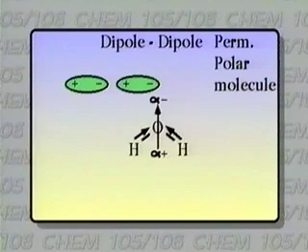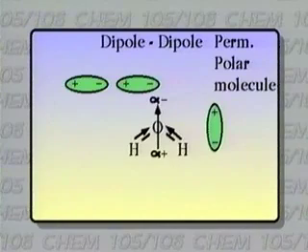And so these dipole-dipole forces are fairly strong. Not as strong as hydrogen bonding, which is really more of a covalent interaction, but a fairly strong electrostatic attraction between the molecules, electrostatic because of opposite charges. Another water molecule might be oriented this way.